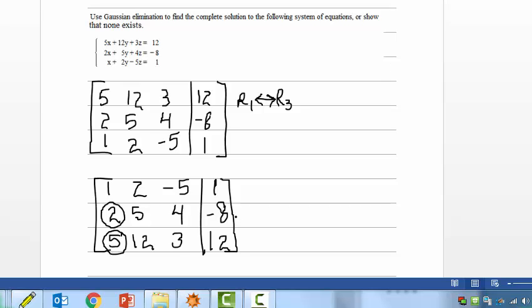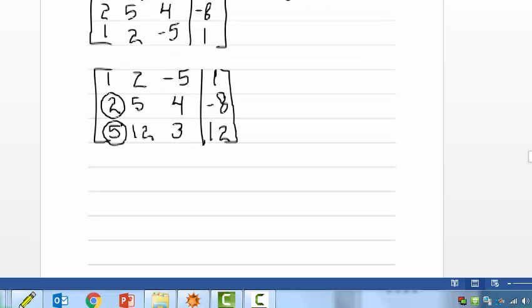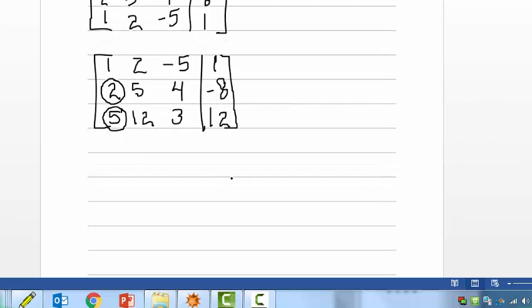To get my next matrix, I am going to recopy row 1, not making any changes. That's my anchor row. And I'm going to use that row first to change row 2, then to change row 3.